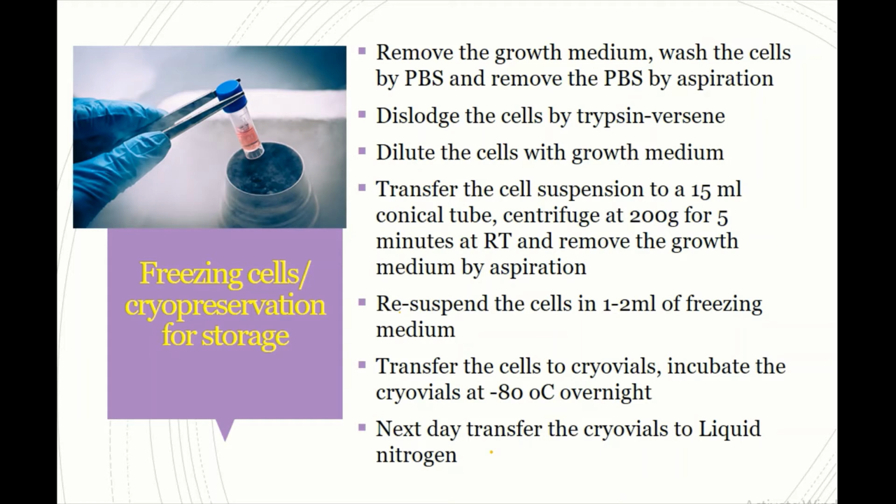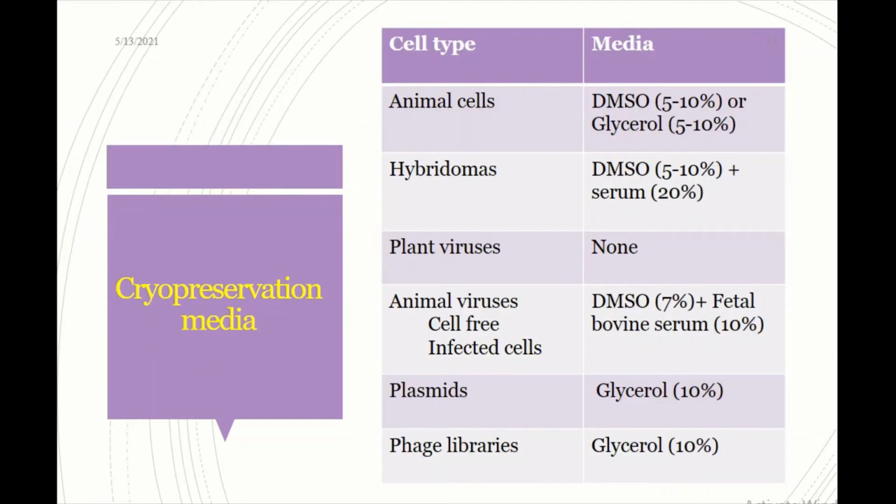The next day, you can transport the cryovials into liquid nitrogen, like you can see in this diagram. So this is a cryovial; you transfer them inside a liquid nitrogen jar. For storage, you can store them for as much time as you need. This cryopreservation or freezing media also depends on cell type, but mainly we have DMSO and glycerol.